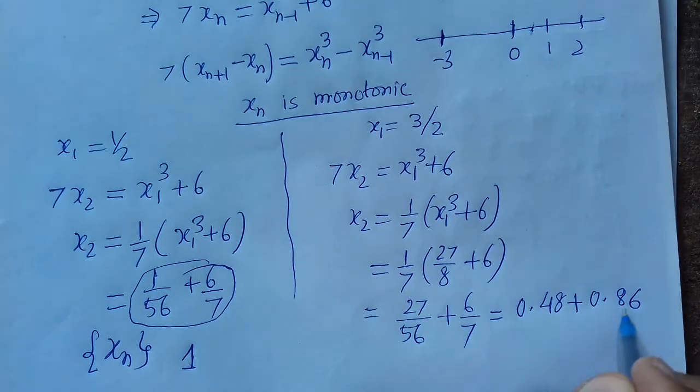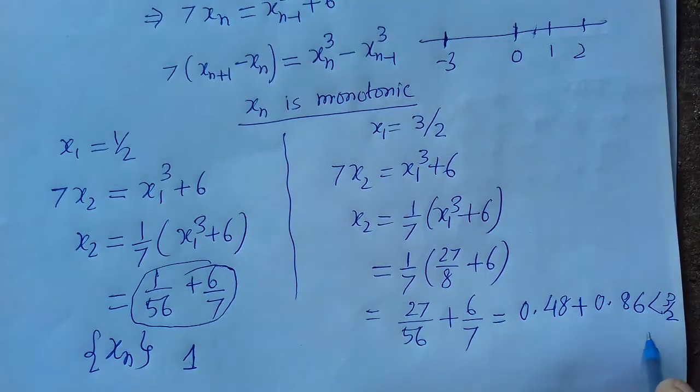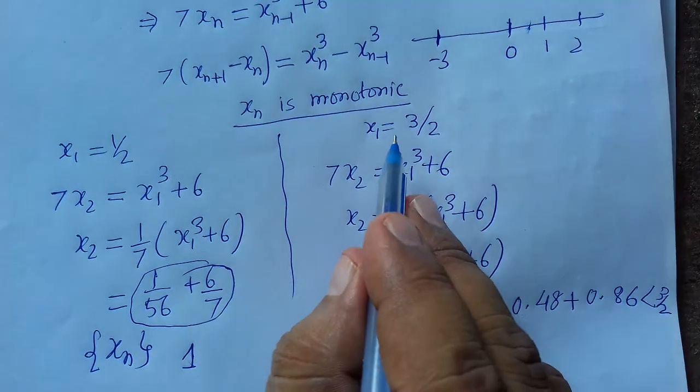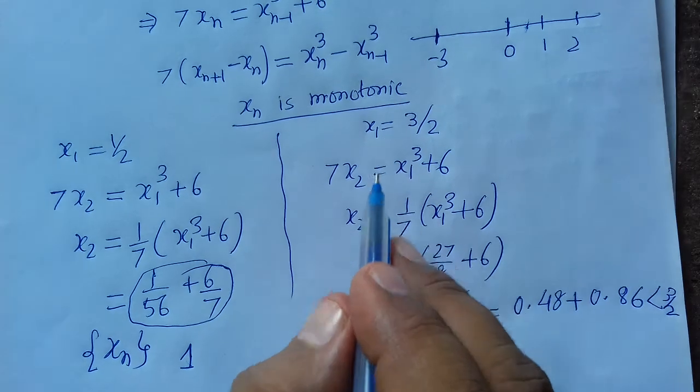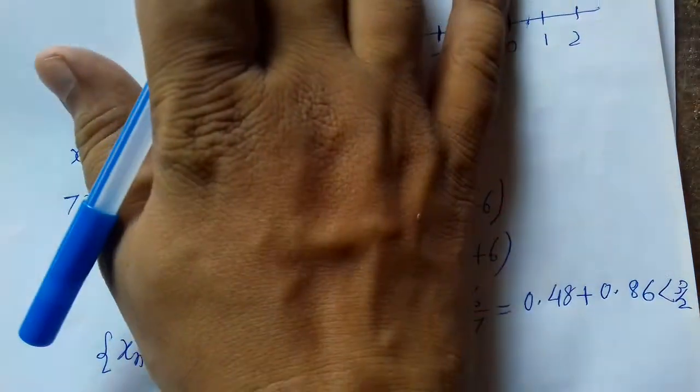Adding these two, we get less than 3 by 2. Less than 3 by 2 means less than the first term, so the sequence this time is decreasing.